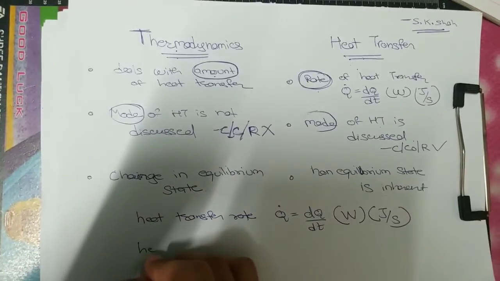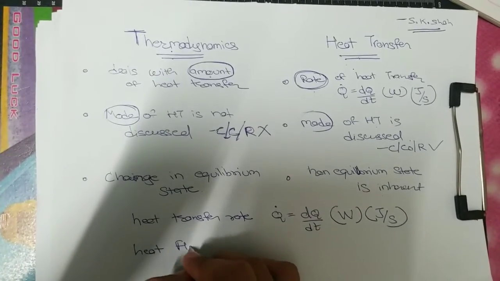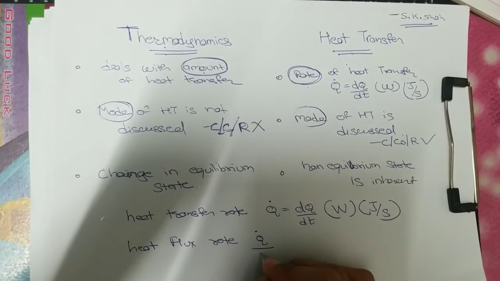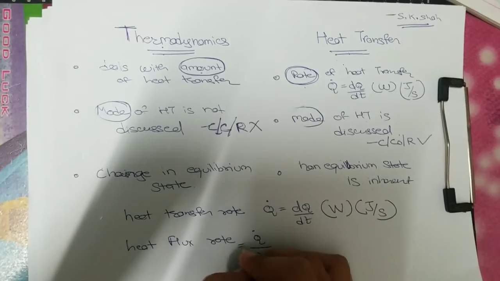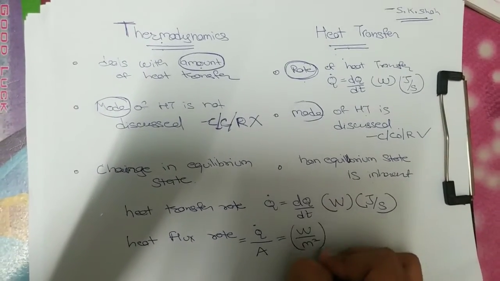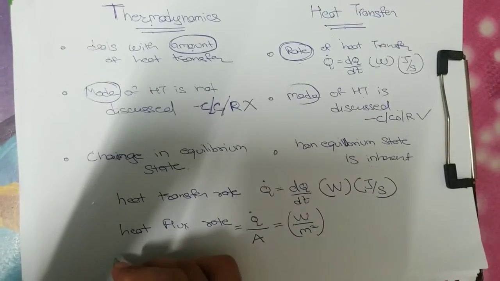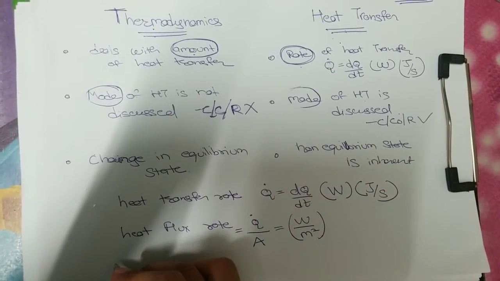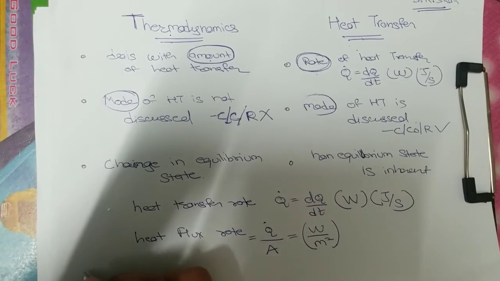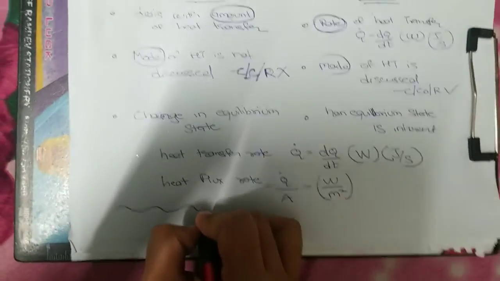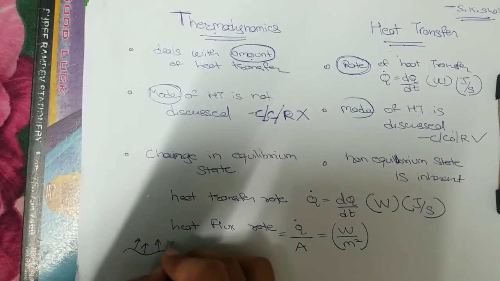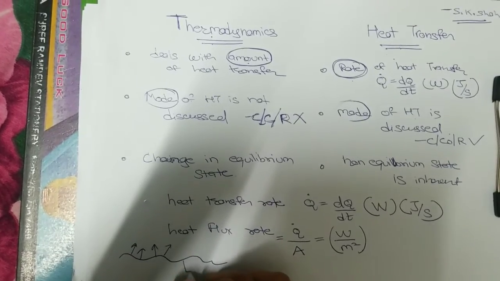And the other is heat flux, which is the amount of heat transfer rate per unit area, with the unit watt per meter square. Heat flux is always a directional quantity, and it is always perpendicular to the isotherm. Suppose this is an isotherm, then the direction is always perpendicular to the isotherm.